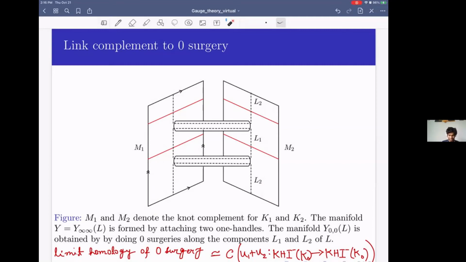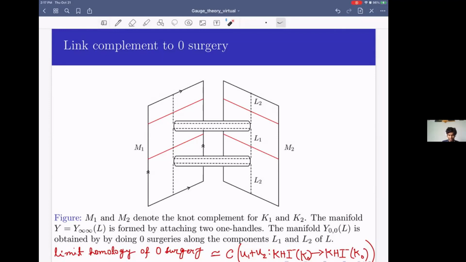It seems to us that the whole argument just goes through, and we can prove that the limit homology of the zero surgery is isomorphic to the cone of this map, U1 plus U2, going from KHI minus of K0 to KHI minus of K0. This is exactly what we proved by the connected sum formula.